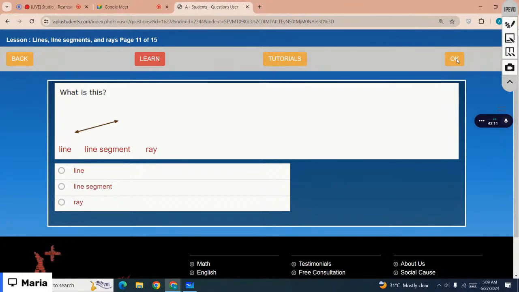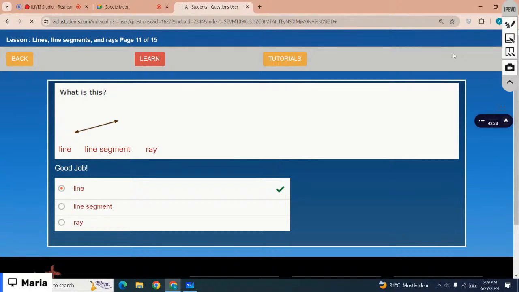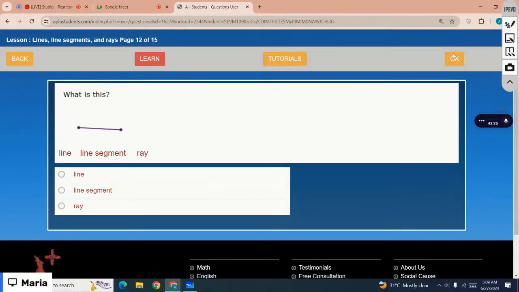Which is the correct option? Line. Line segment it is, right?